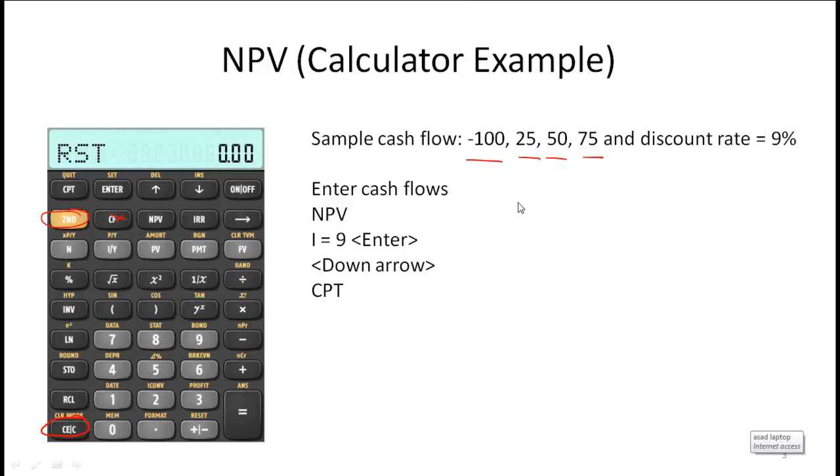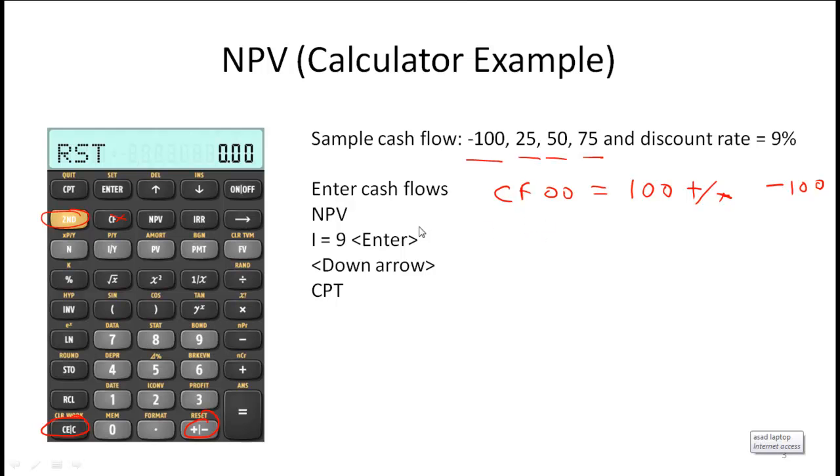Then you will see an entry for cash flow 0. So you set that cash flow 0 equal to 100. So enter 100 and then plus minus, that you get from here. This ensures that the value of cash flow 0 is minus 100.